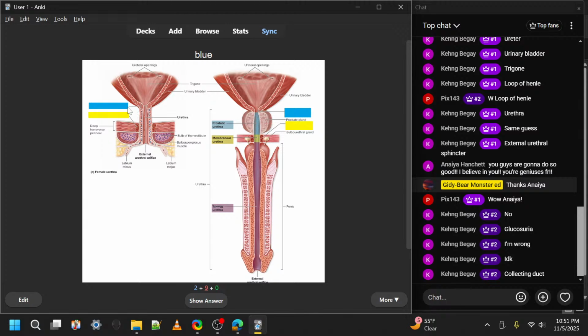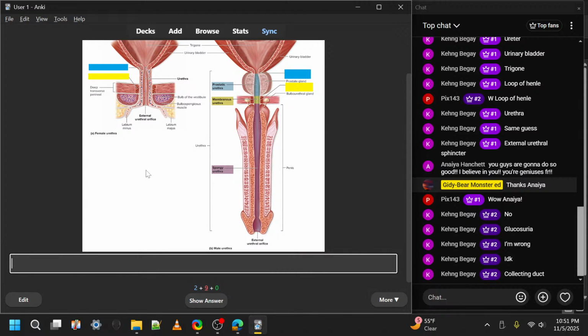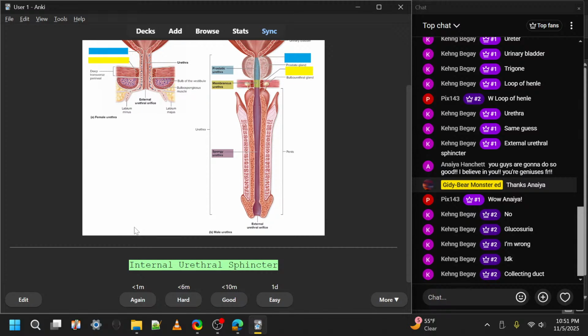This is one of the urethral, not urethral. Yeah, urethral sphincter. Yeah. I'm good. I always get confused with urethra and ureters sometimes.